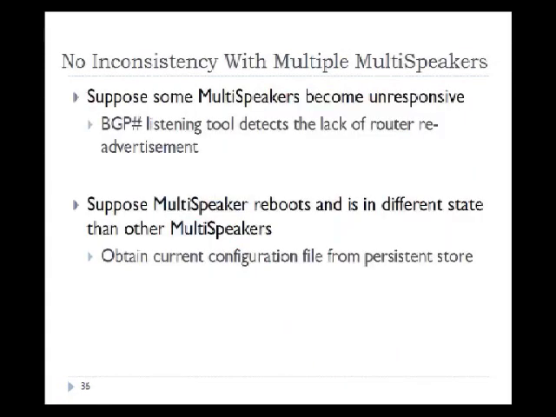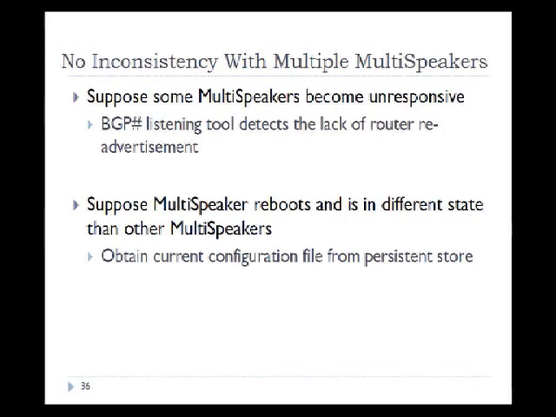So with this multi-speaker setup, we thought about, well, is there any problem with inconsistency? So let's consider the first scenario where some multi-speaker becomes unresponsive, and the controller sends a request to add or withdraw certain routes. How do we know it's actually withdrawn or installed into the router? The way we overcome that problem is to have a BGP listener that listens for route readvertisement.